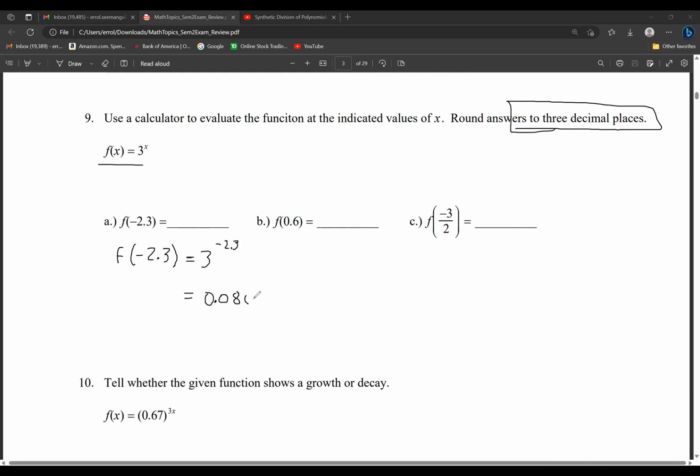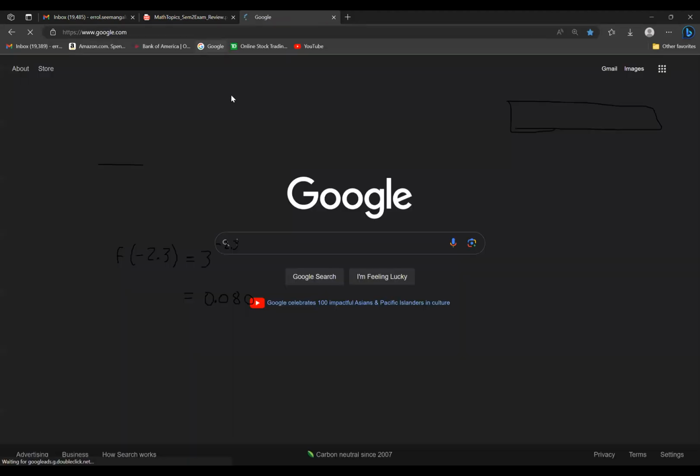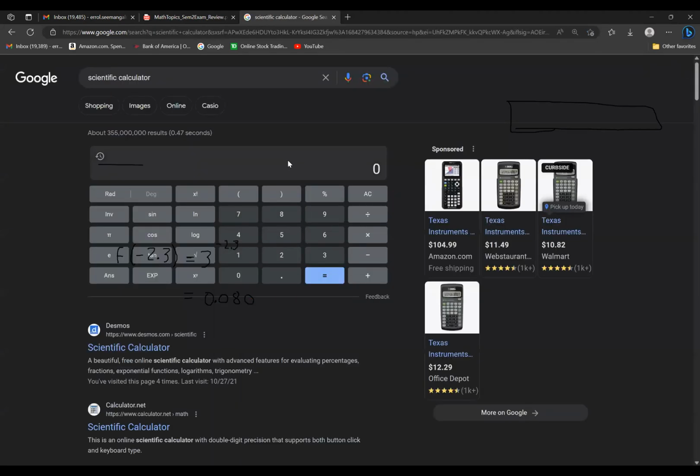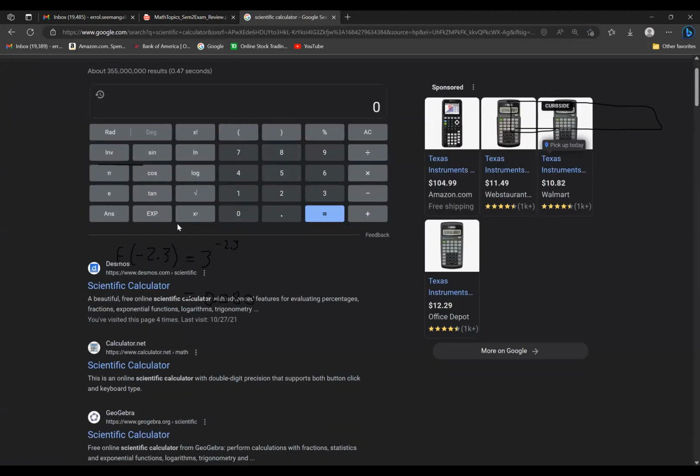All right, let's check it on Google Calculator, the scientific calculator. See this button right here? X to the Y. We're going to type in 3 first, then press that button, and then type in negative 2.3.